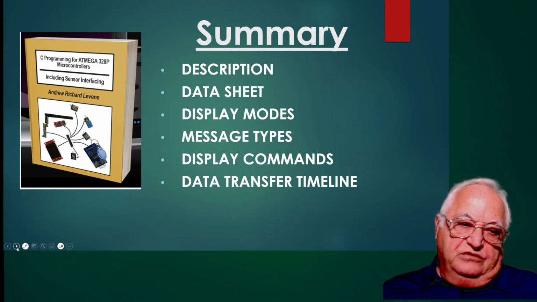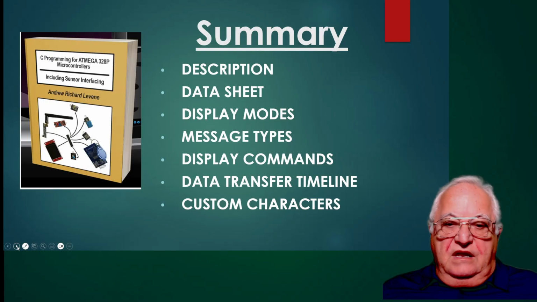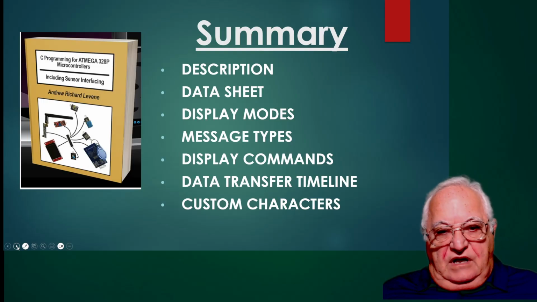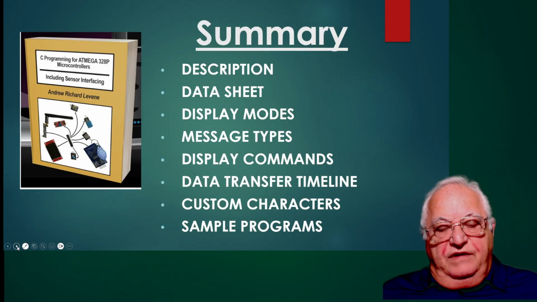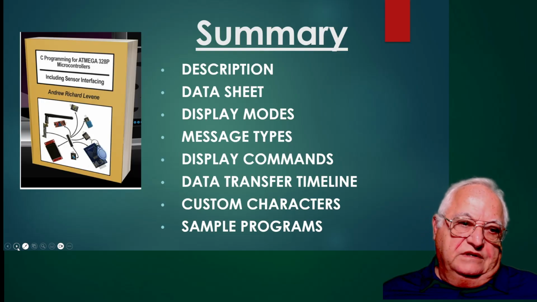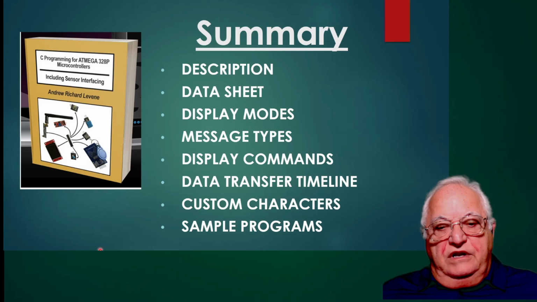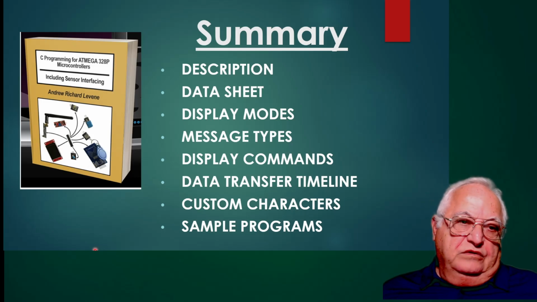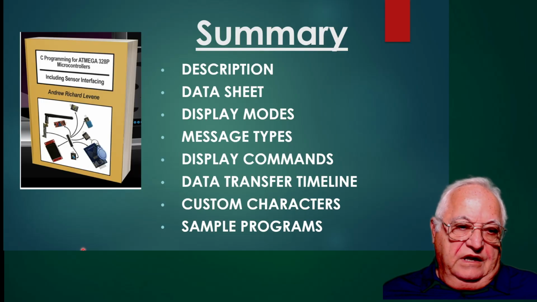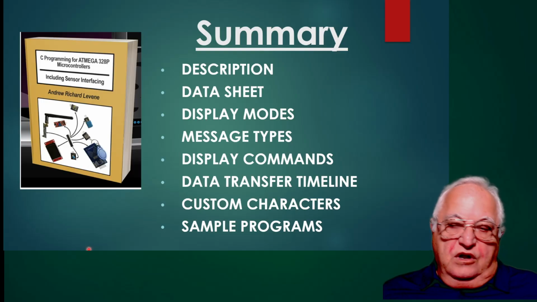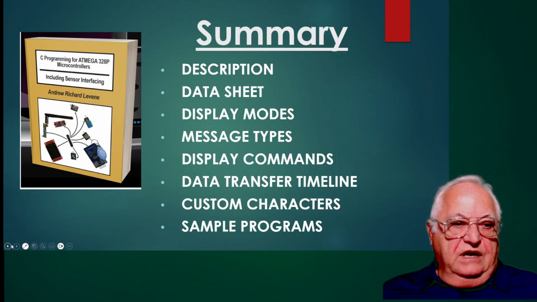Then we did the data transfer timelines. We looked at custom characters. And finally, we went to program for each of this stuff. So we show how to display something, how to display it with something scrolling, and then how to create and display a custom symbol. So this gets us to the end.